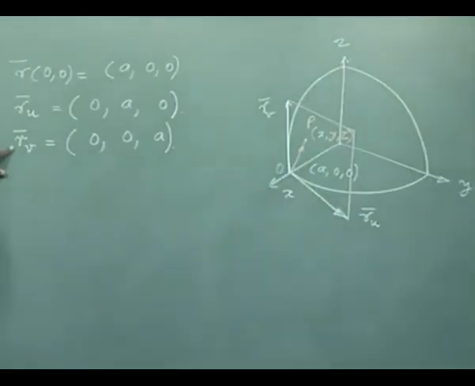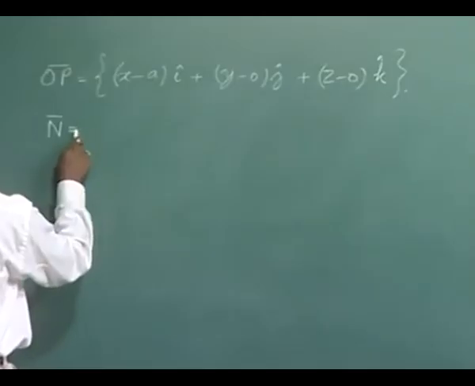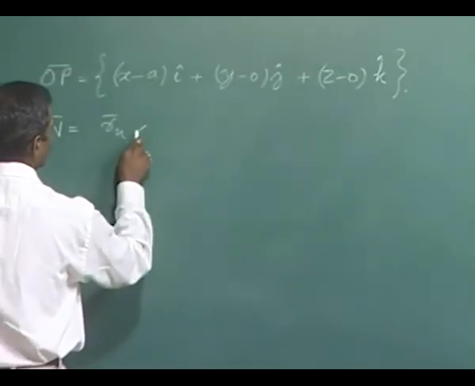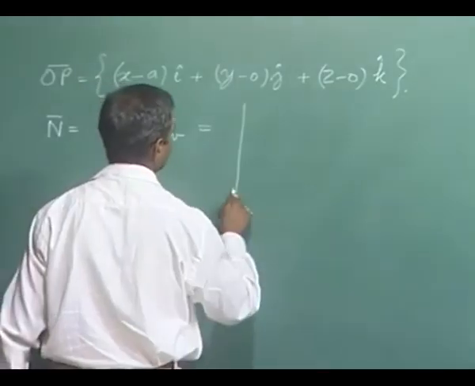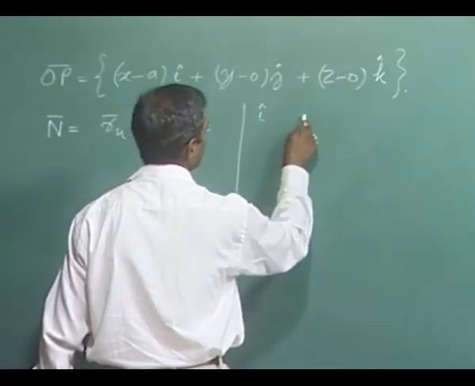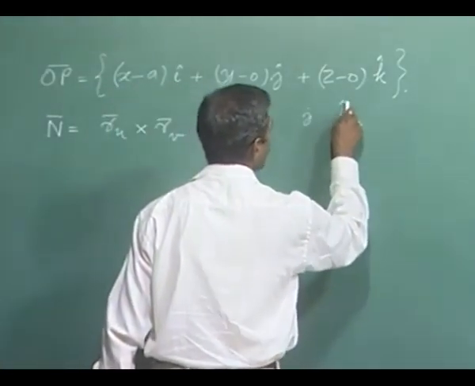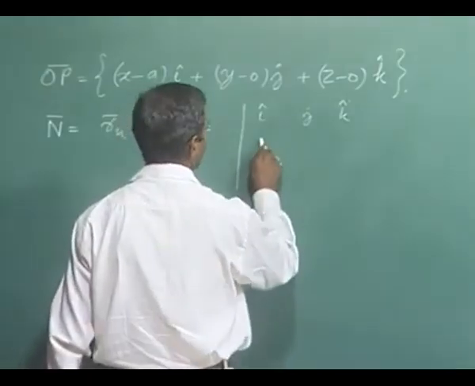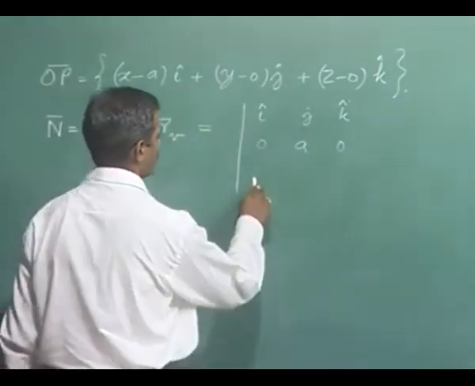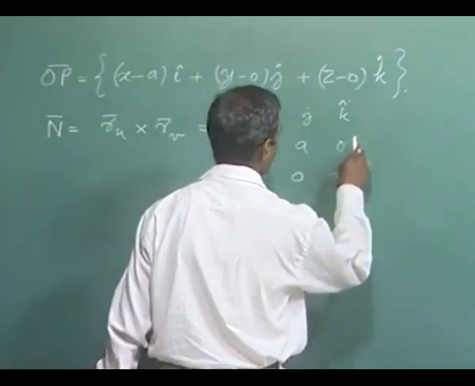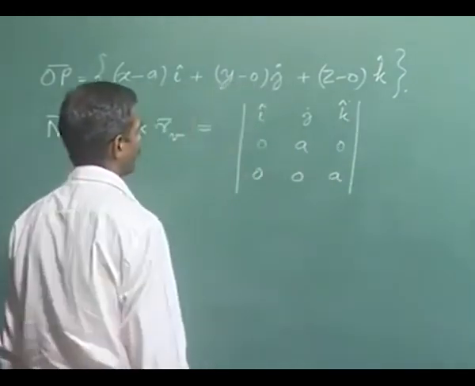I can compute the cross product between these two tangents, R_u and R_v. So the normal n is R_u crossed with R_v. This is given by the determinant i, j, k, 0, a, 0, components of R_u, and 0, 0, a, components of R_v.